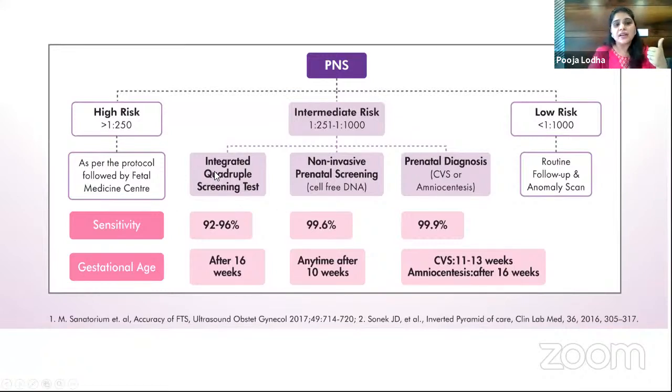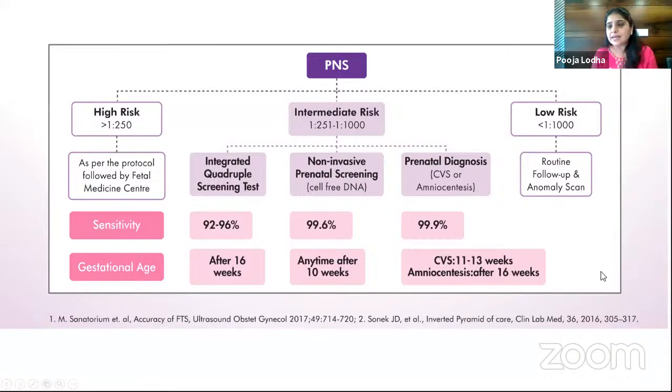Either we do an integrated quadruple screening test, which I'm not much in favor of because, as you can see, the sensitivity of adding on a quadruple test once you've done a better double marker test along with a good NT scan is almost the same as if you were to do a good double marker and NT scan. We just saw it was 93 to 96% and here it's the same. So I'm not somebody who would really encourage a quadruple marker and integrating it if the first trimester is intermediate.